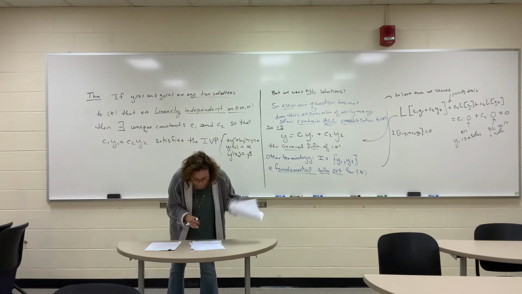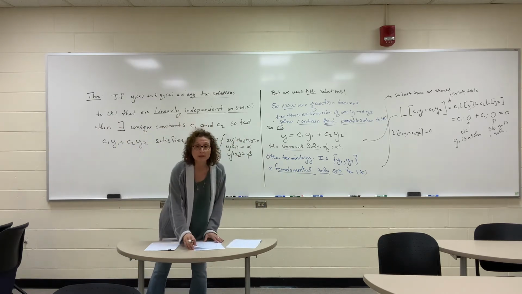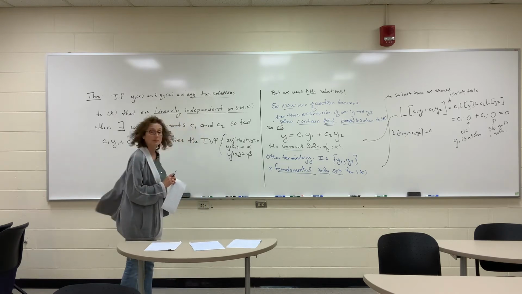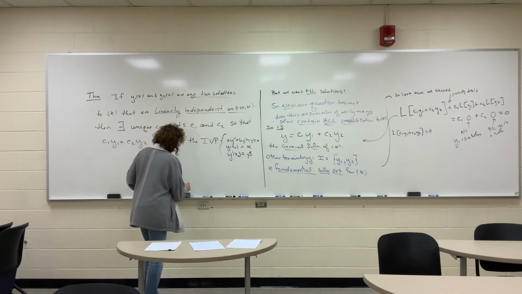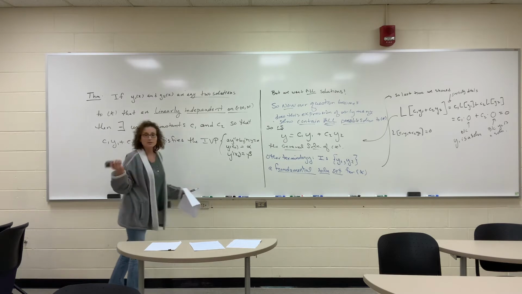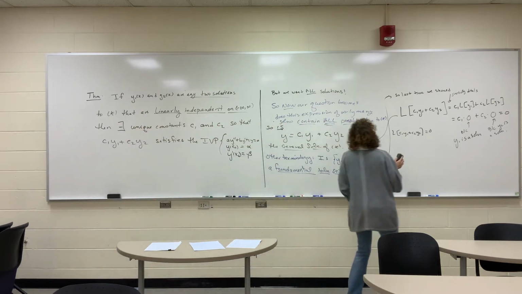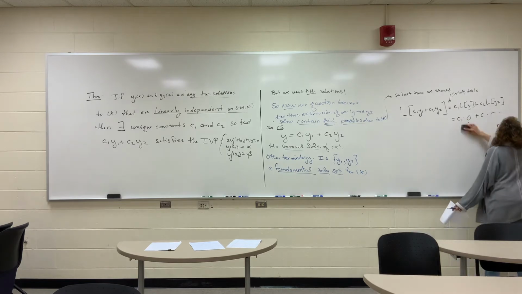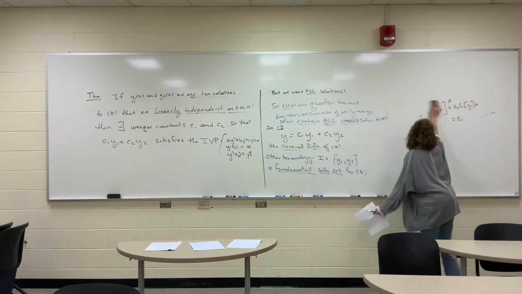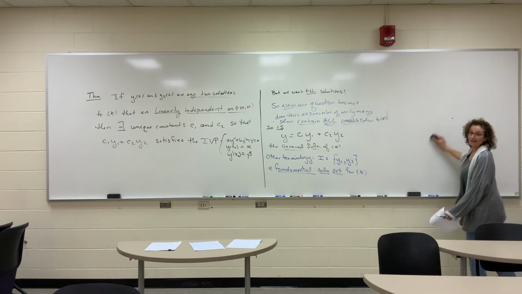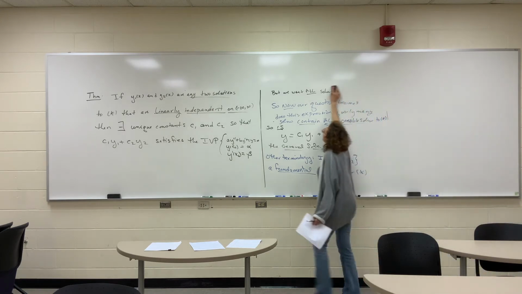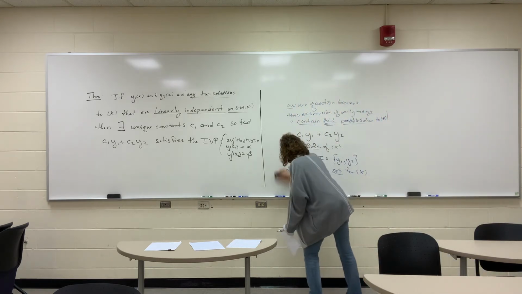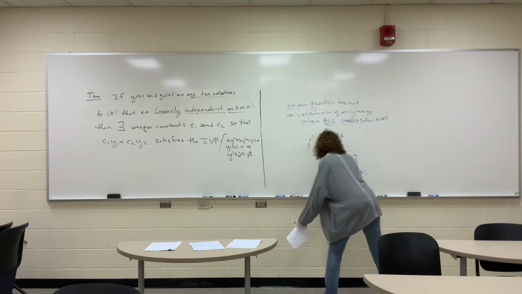So, this magical thing, linear independence, what is it? We want to know, did those two solutions that we had, are they linearly independent? Because if they are, we're golden. We have now determined all possible solutions. So that's going to take a little while for us to figure out how to even talk about this concept.